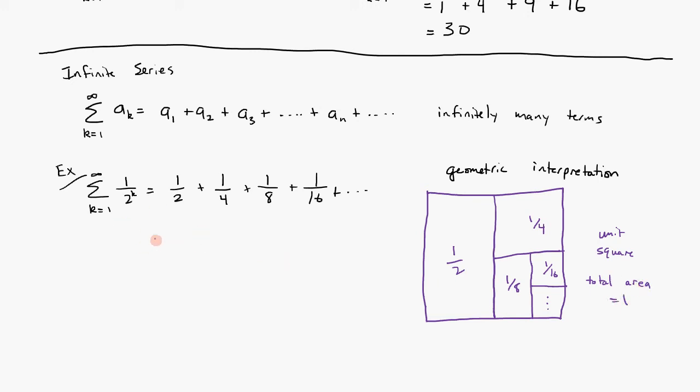So this series, if I were to add infinitely many terms, would be equal to 1. Even though there are infinitely many terms, since each additional contribution is so small, the total is still a finite number equal to 1. So this gives some sense of how to interpret these series.